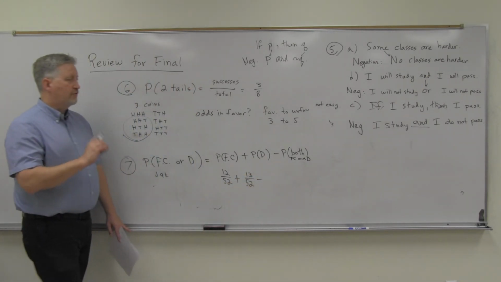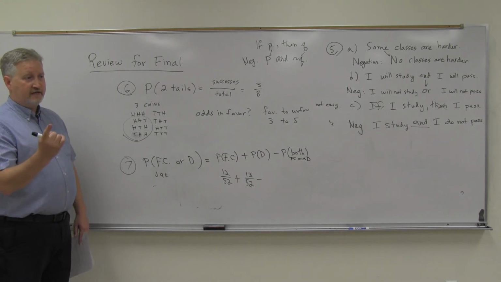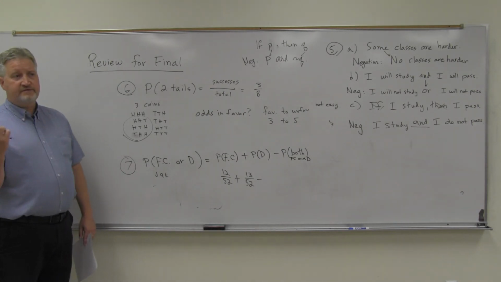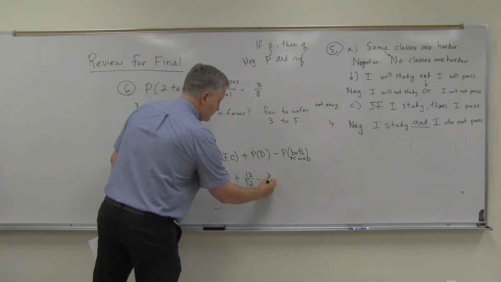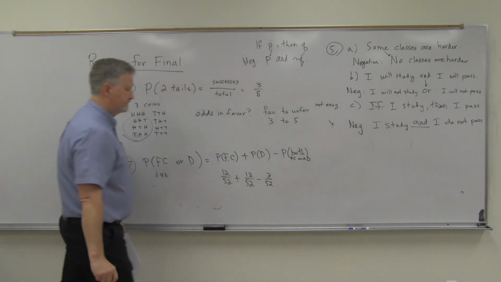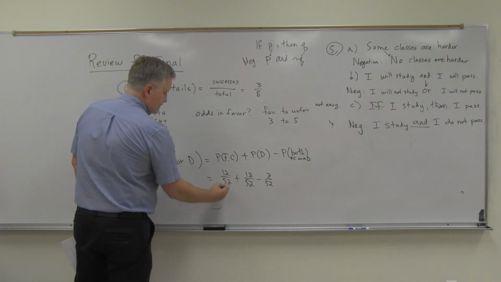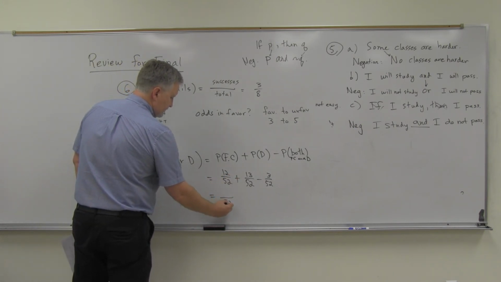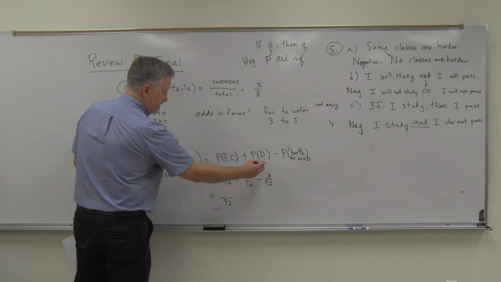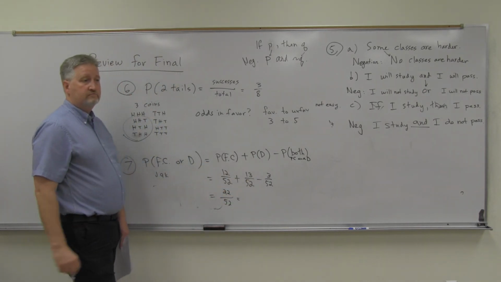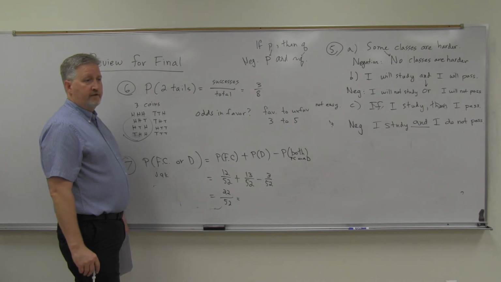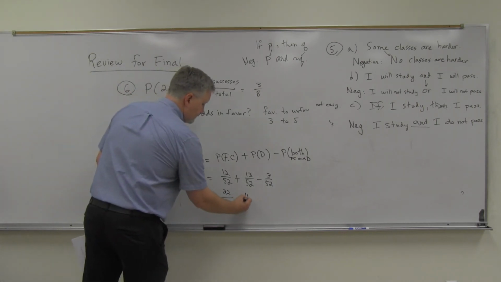And then how many are both face card and diamond? Well, you got the jack of diamonds, queen of diamonds, the king of diamonds. 3 are both. So we subtract 3 out of 52. So since they've all got common denominator 52, just add and subtract: 25 minus 3, 22 out of 52. With me there? So that's 11 out of 26.